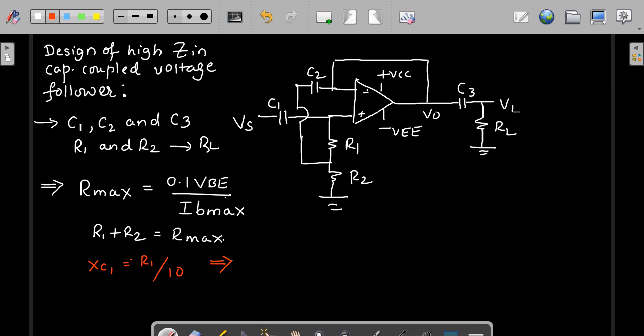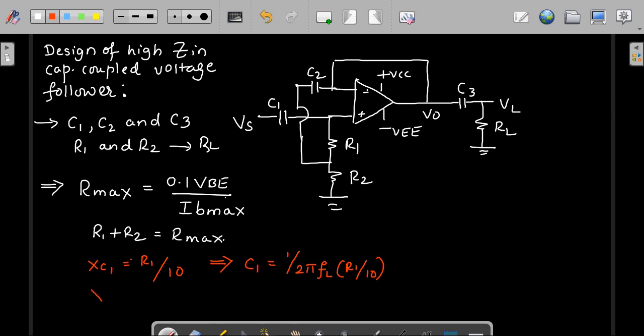So this leads to C1 equals 1 divided by 2 pi f, the lower cutoff frequency, into R1 divided by 10. I think you can see the similar equation earlier also. C1 equals 1 divided by 2 pi fL, that is the lower cutoff frequency, into R1 divided by 10.